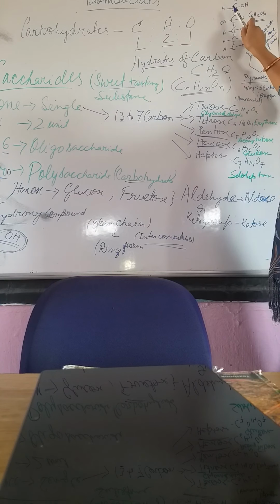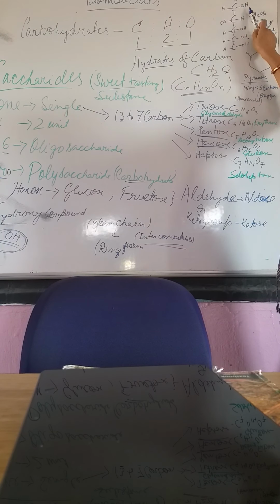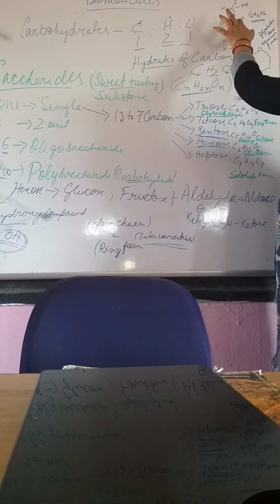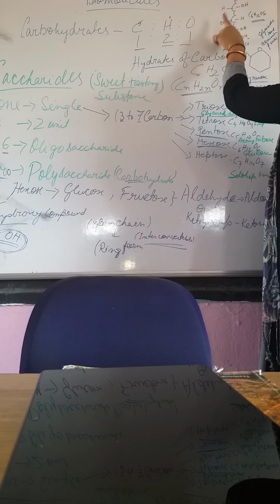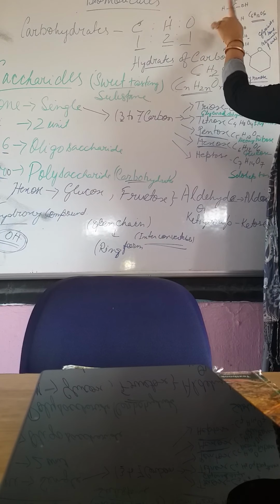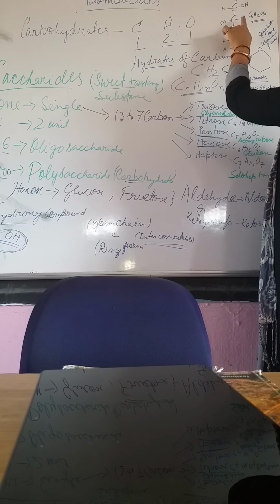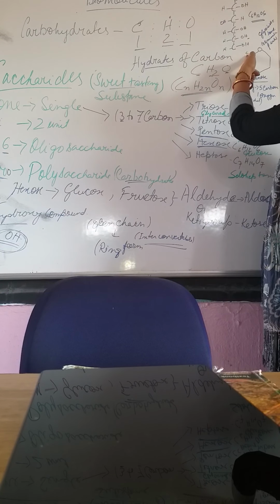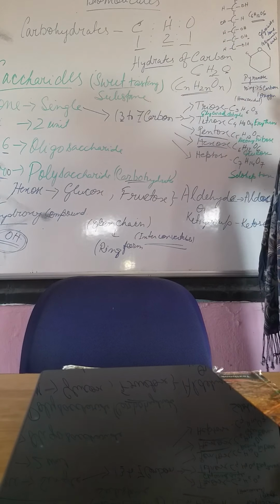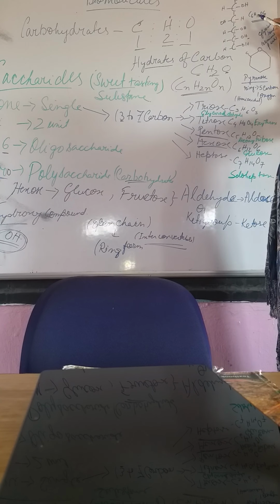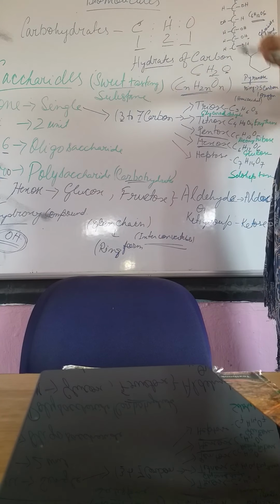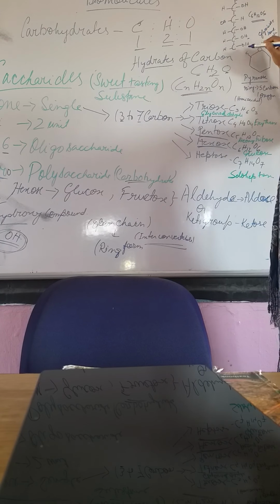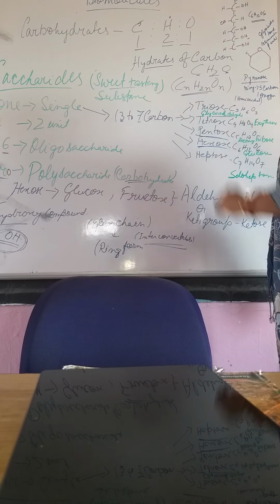The third carbon has the OH on this side, its position shifted, with H on the other, and for the rest the OH is on this side. This is the basic structure, C6H12O6, and since it is a polyhydroxy compound, you have 5 OH groups.